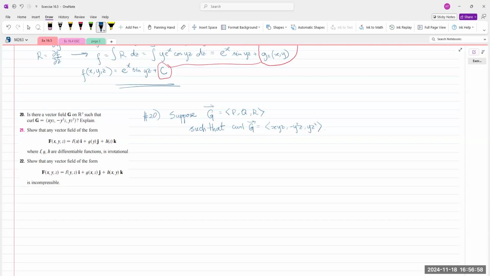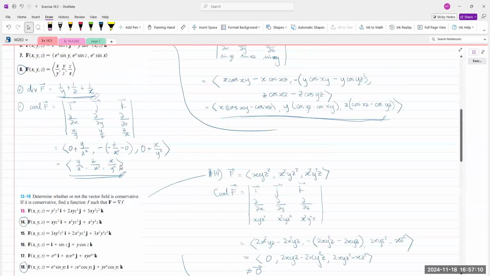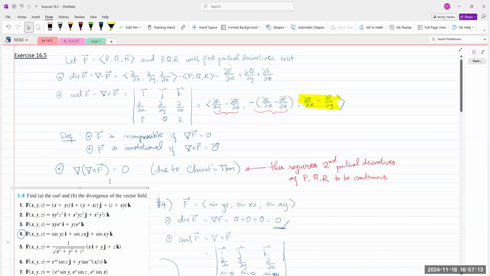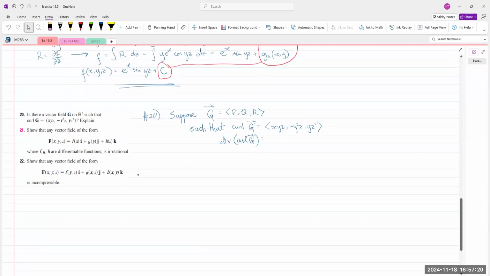So if we apply the divergence of that curl of G, it's supposed to be 0, based on this theorem: the divergence of the curl should give us 0. But when we do the divergence, we get yz minus 2yz plus 2yz, the partial with respect to x.